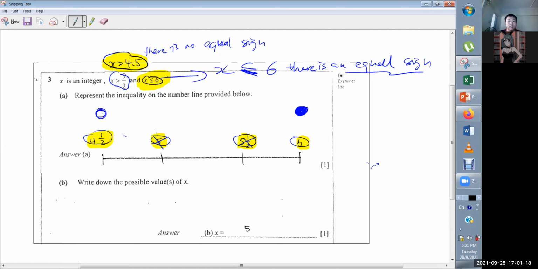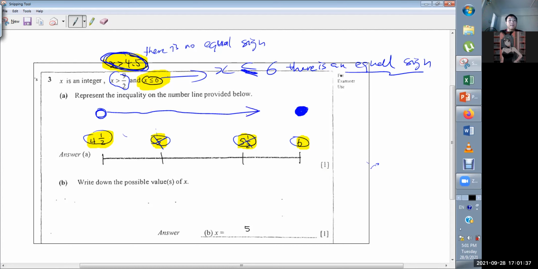So that's how you decide whether you put an empty circle or a solid circle. Then next step is bigger than 4.5. Bigger than 4.5 means to the right.